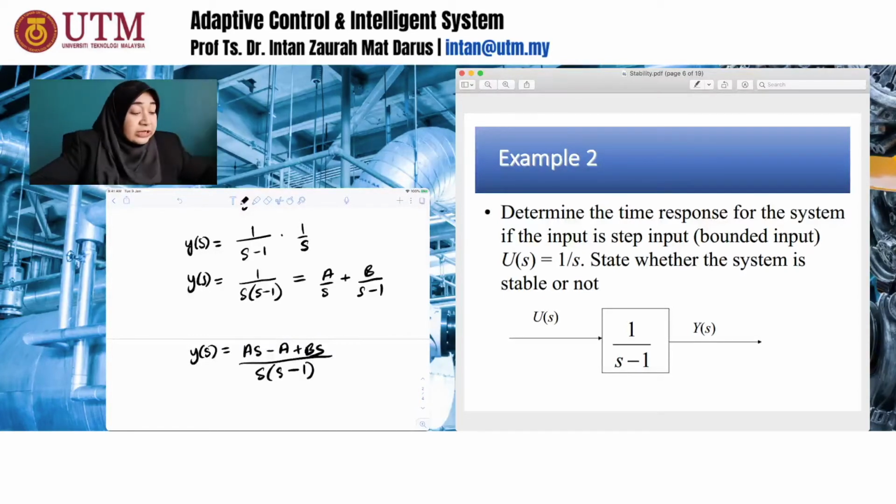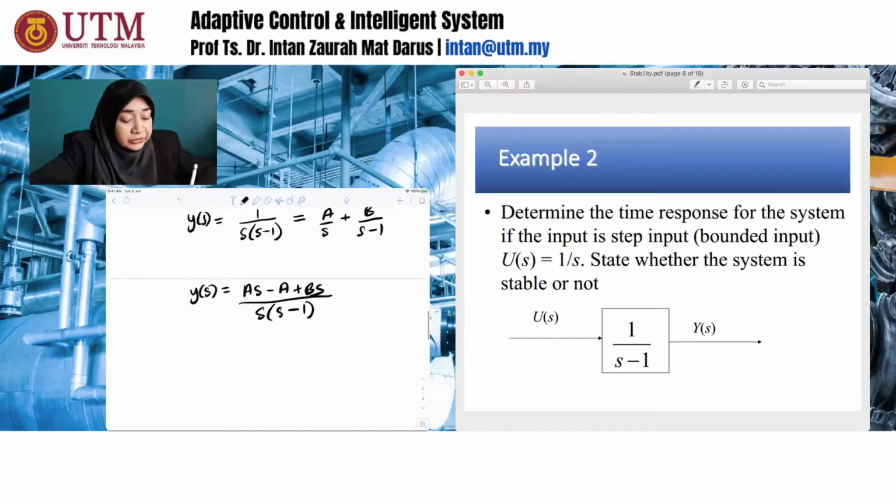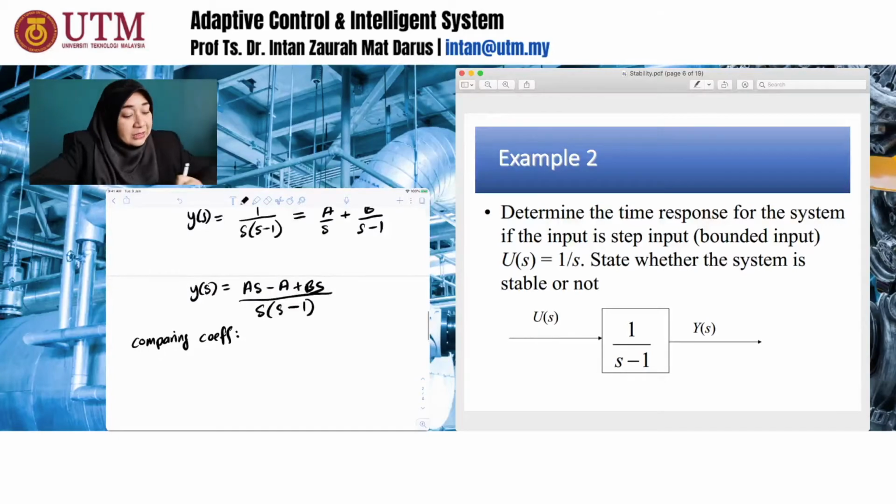The denominator is already the same, so we just need to compare coefficients of our numerator. Comparing the coefficient of s to the power of 0, on one side I will have minus a, and on the other side it equals 1. Therefore, I straight away know that a is equal to minus 1.